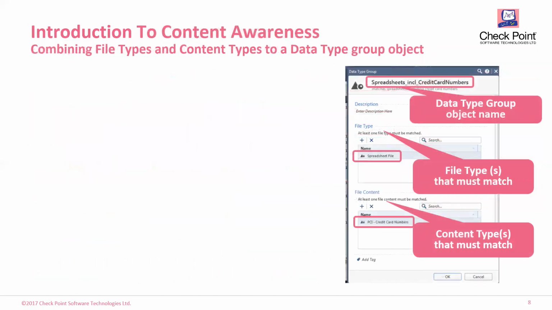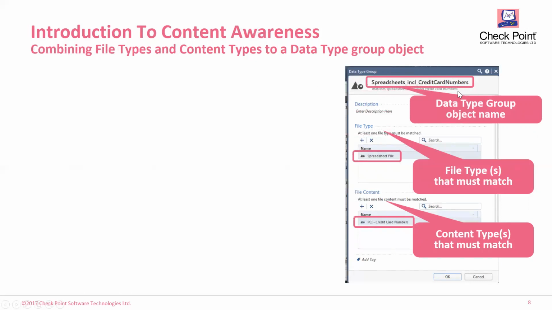So this is an example of a data type group object name that you can create yourself, and then you can create a file type. So we're saying spreadsheet files, and we're putting the file content as credit card numbers, and then we'll name the data group object ourselves, and we'll call it spreadsheets including credit card numbers.